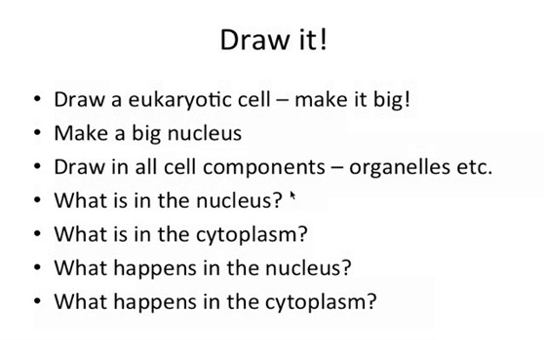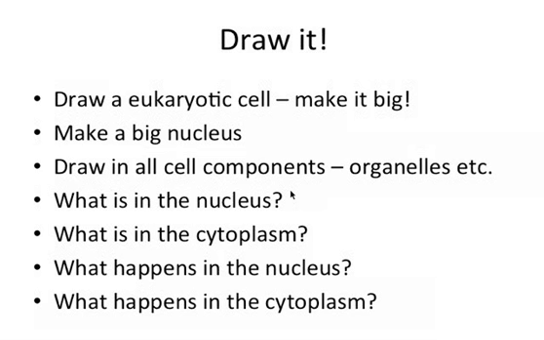So we've got DNA, we've got chromatin, we've got histones, we've got assembling ribosomes. RNA, right? What is RNA? It's a message. Okay. What else is in the nucleus? Anything else? We don't need to get too crazy. I think that's a good start.